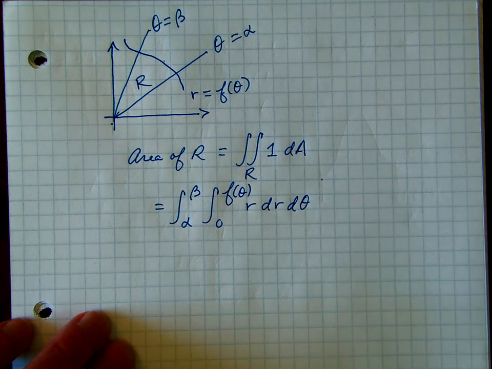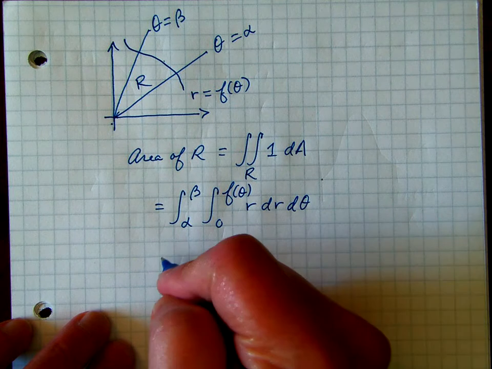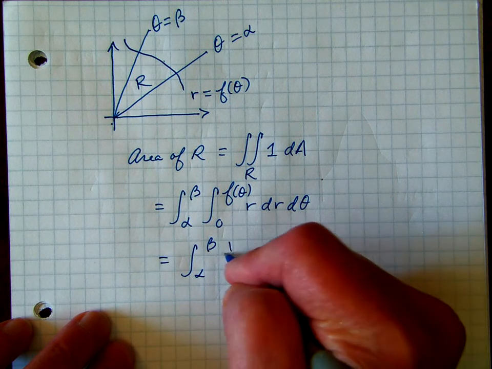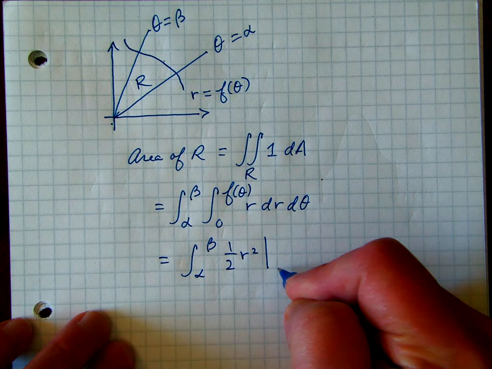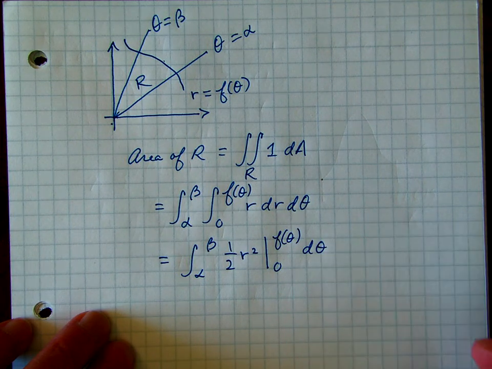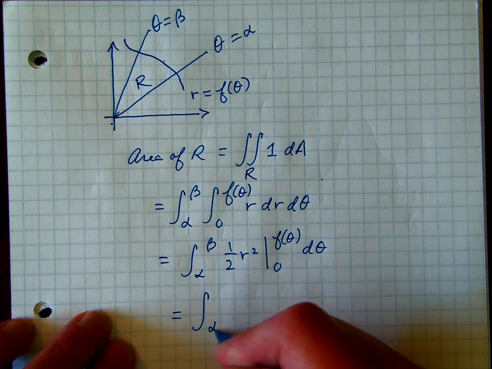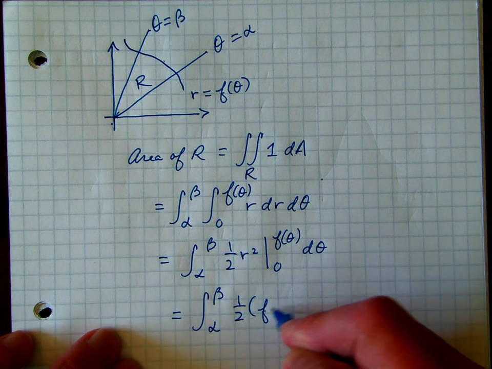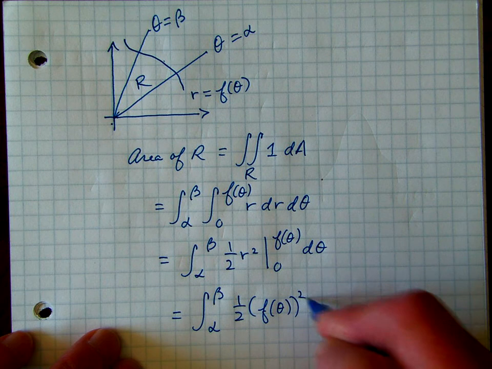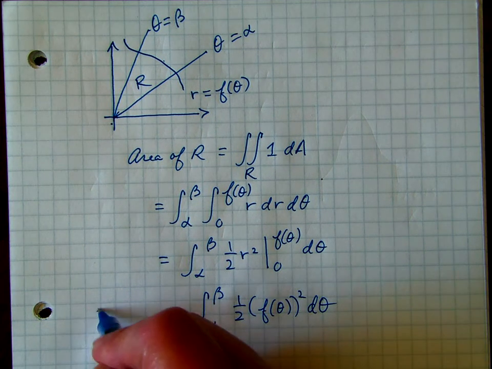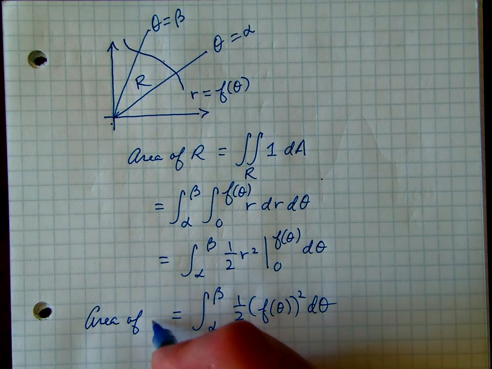So integrate r with respect to r, and we very naturally have 1/2 r squared from 0 to f of theta, and d theta is left over. When you plug this in, here's my alpha, here's my beta, I have 1/2 f of theta squared d theta. And reminder, this is the area of R.